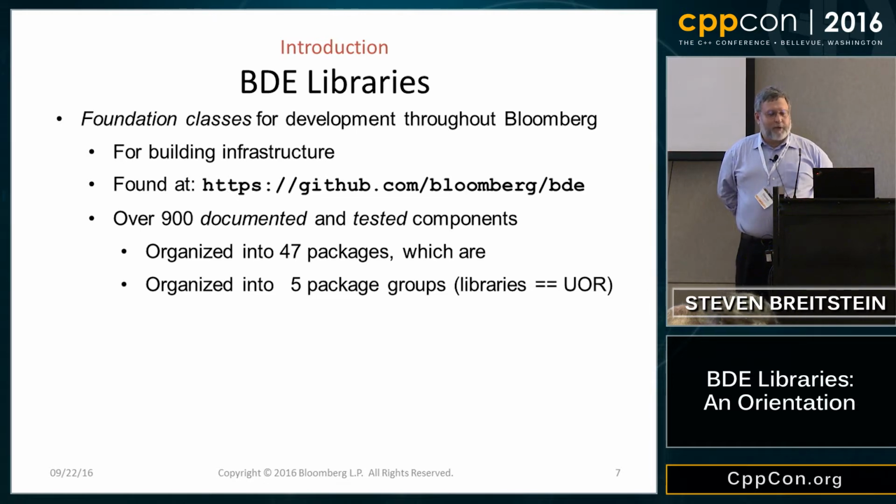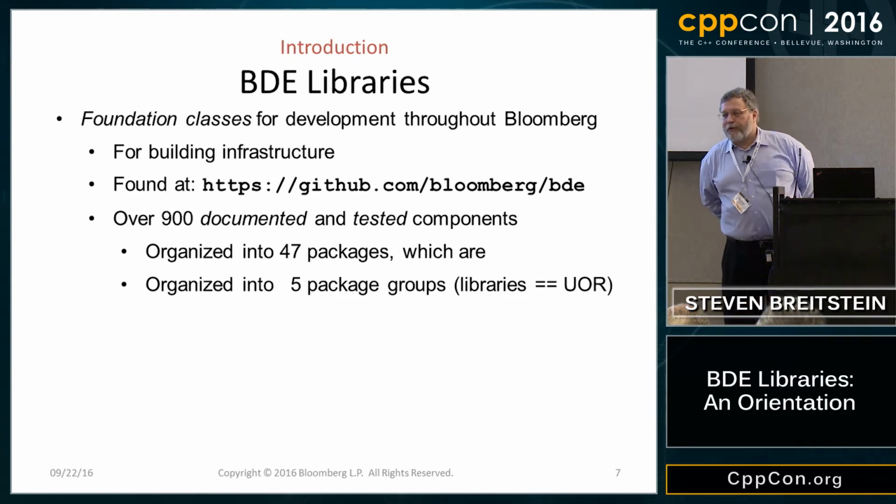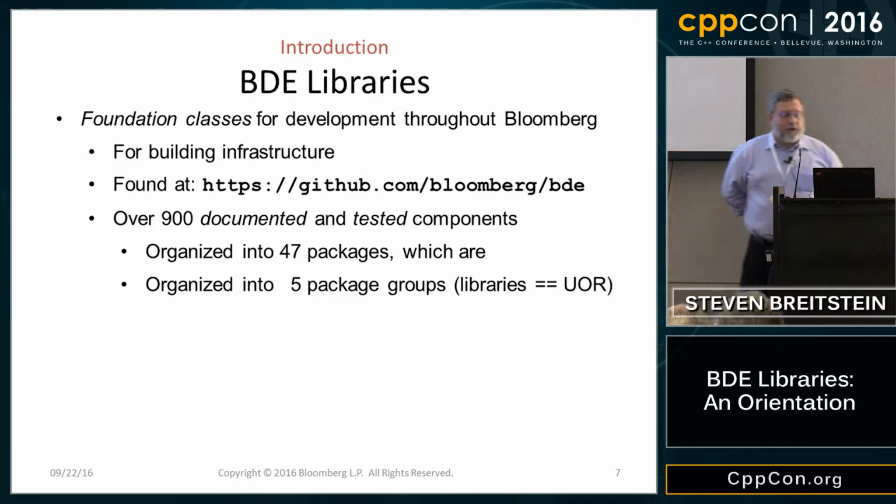The classes provided by BDE are sometimes called foundation classes because they're generally not customer-facing code. This is code for building infrastructure. Several layers up, you finally get to the level where Bloomberg customers are interacting with the software.